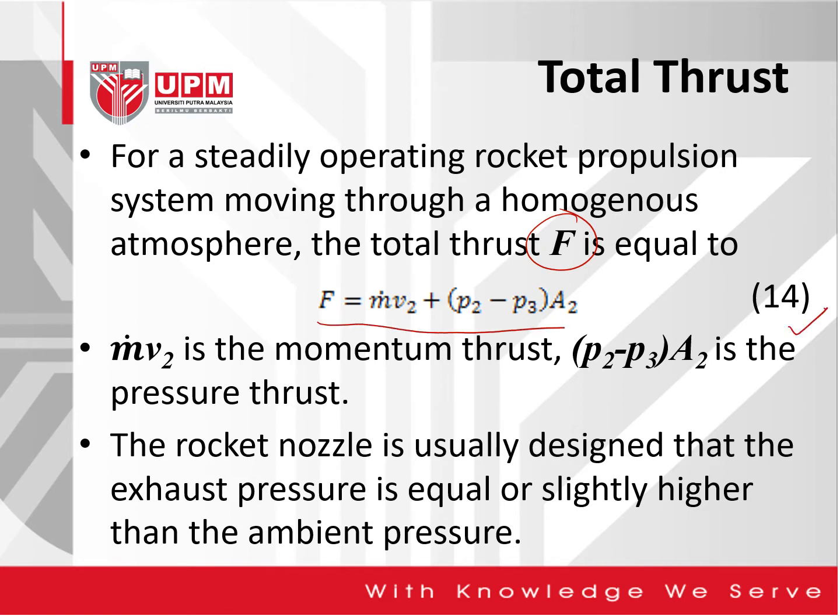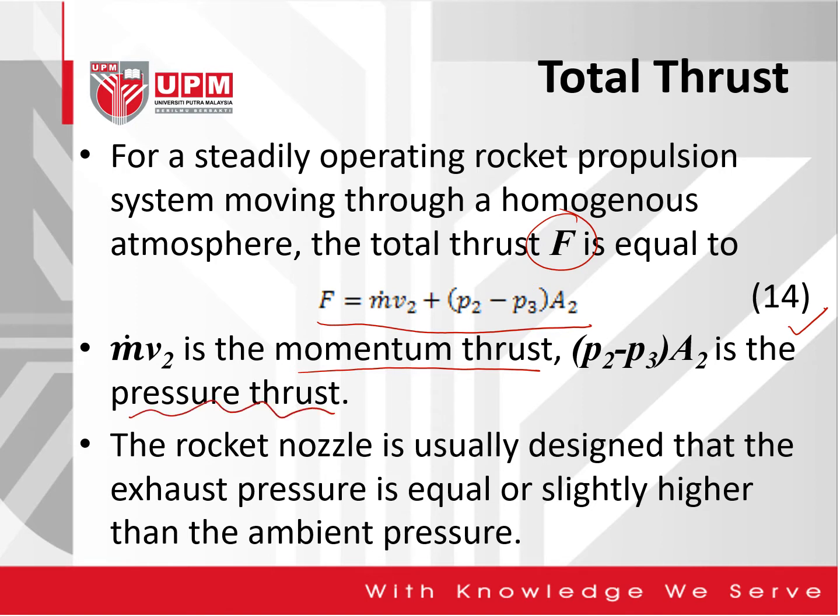It can be expressed in terms of the mass flow rate times the velocity, which is the momentum thrust, plus the pressure difference, P2 minus P3, times A2, the area in the nozzle chamber, which is denoted as the pressure thrust.